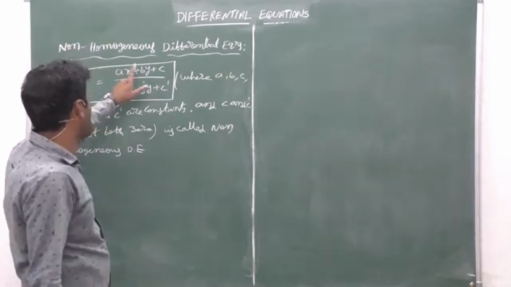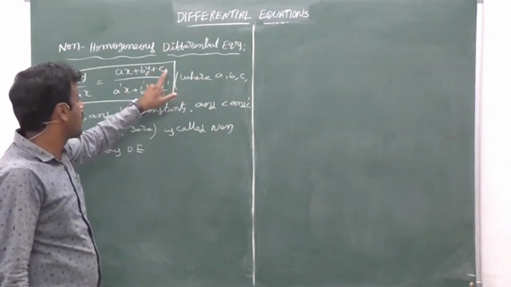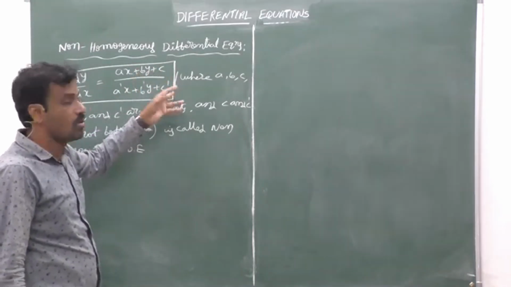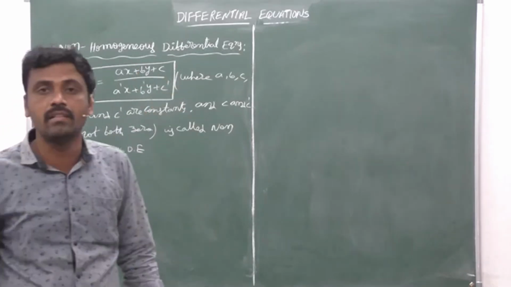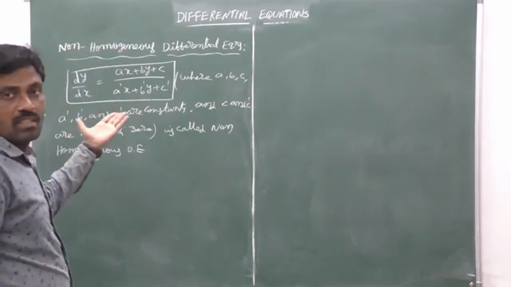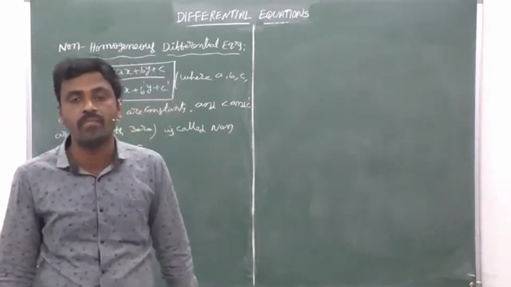That means x power 1, y power 1 here, not power 1. There is no x or y here, and here also there is no x or y. Then this must be non-homogeneous. Therefore, it is called non-homogeneous dE.